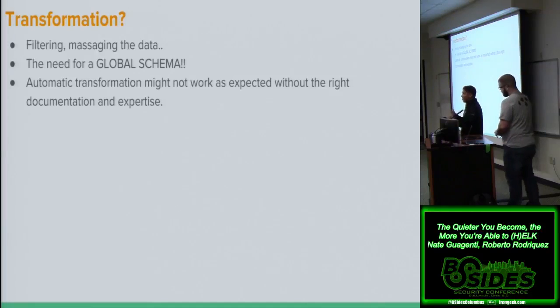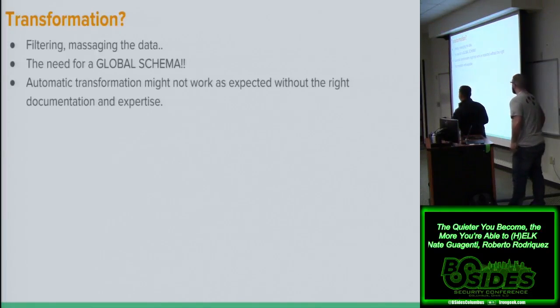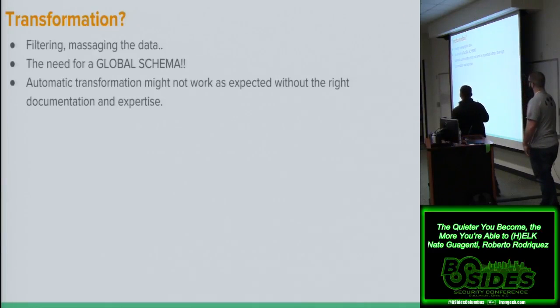So when you move from one company to another, you will see different things being defined in different ways. And once you start relying on automatic transformation of the data, you start getting issues where you name things that are not the same in different event logs. For example, just a quick one, 4624 and 4648, right? 4624 is authentication logs, for those who don't know, and it has two different usernames.